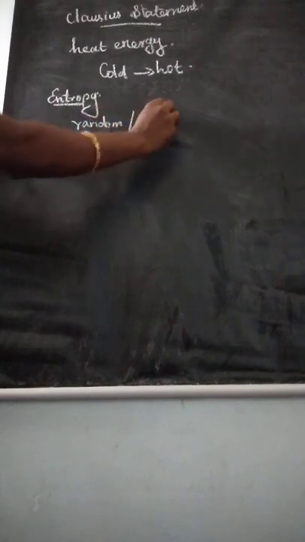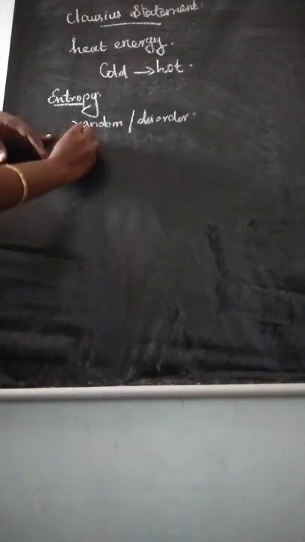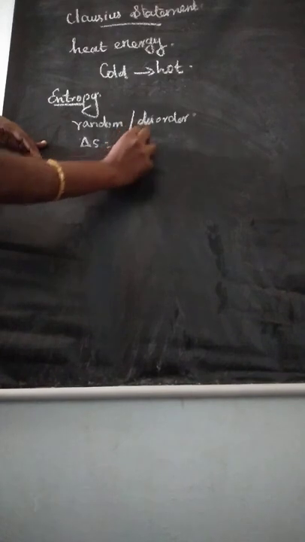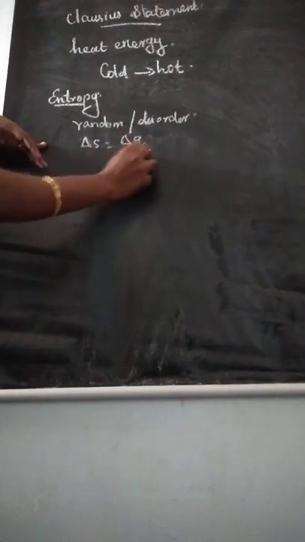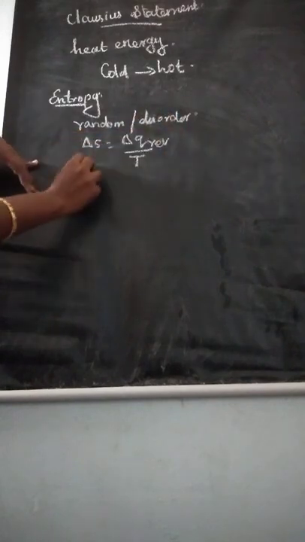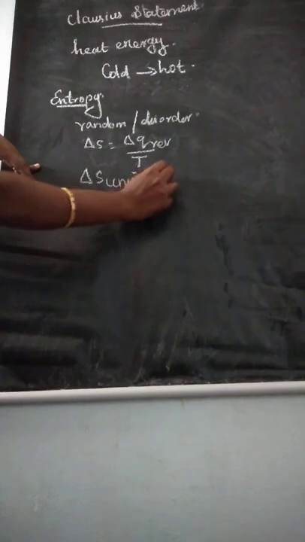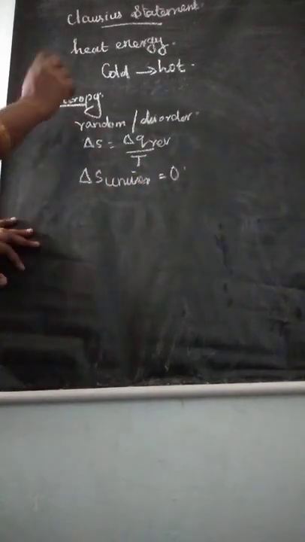And here we learn the formula delta S is equal to delta Q reversible divided by T. And here delta S total or universe is 0. That is constant, the value is 0. That is the first statement.